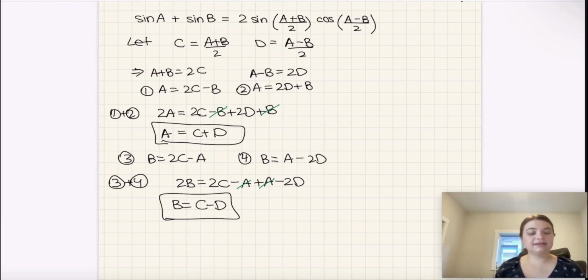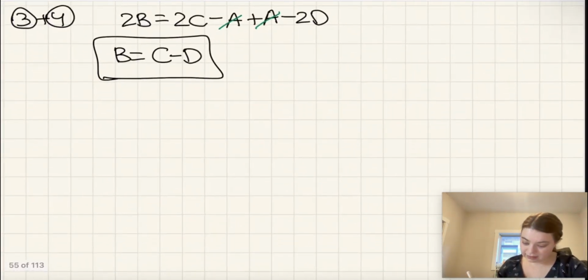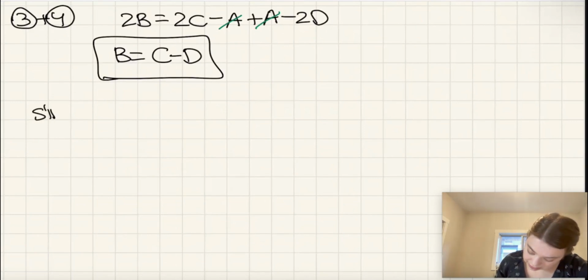Okay, the next thing we need to do is recall the sine addition and subtraction identities. So sine A is equal to sine of C plus D, right?